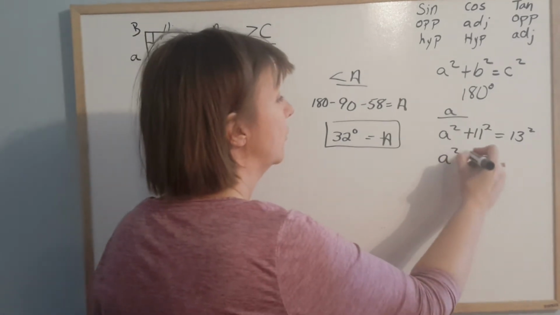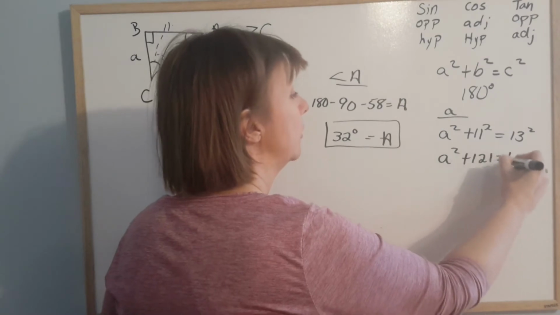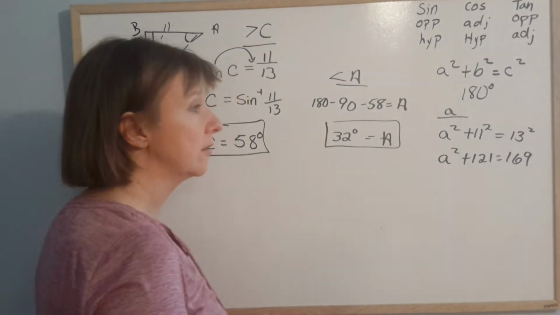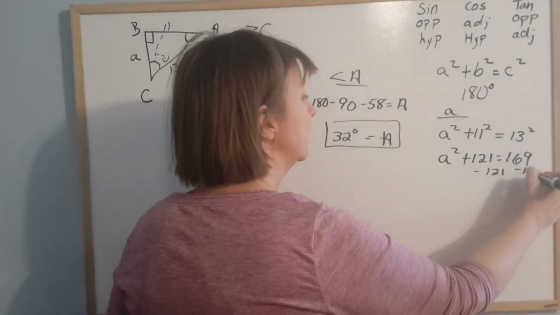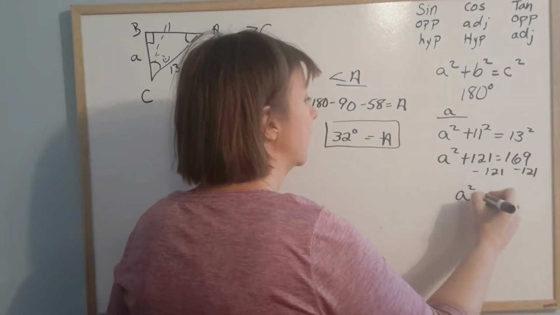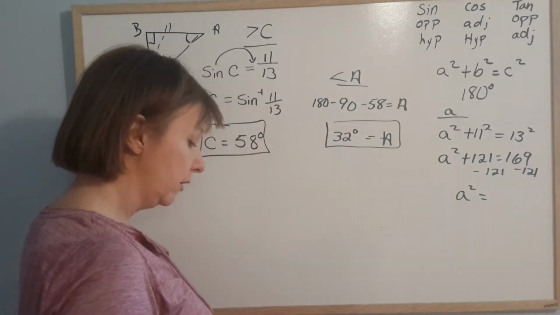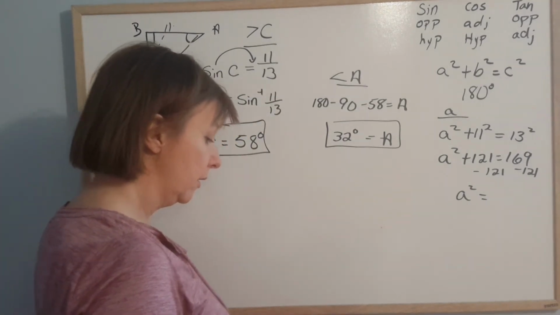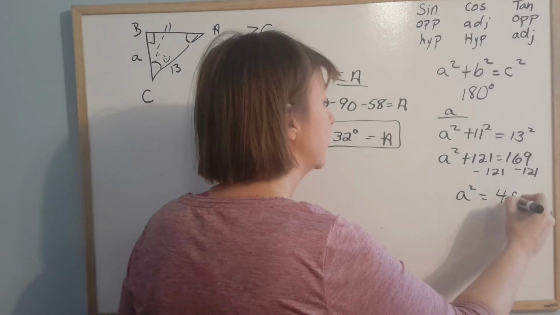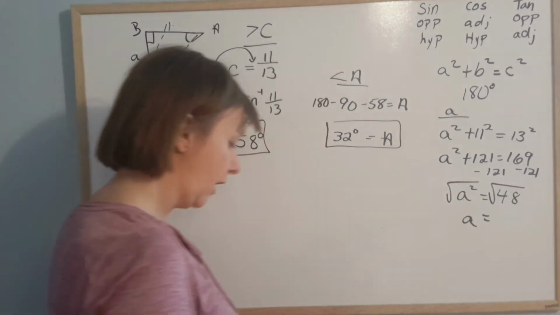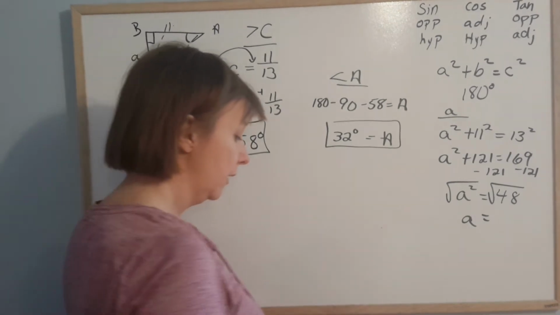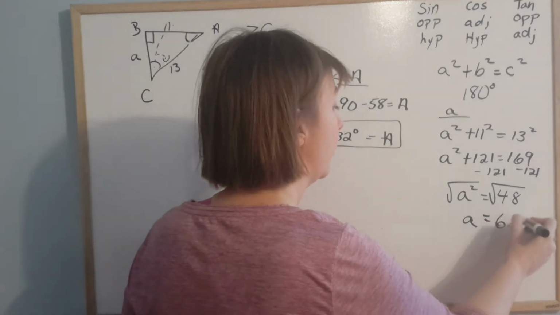So I would have a squared plus 121 is 169. I would subtract 121 on both sides, and I would get that a squared is 48. So I would take the square root of both sides to get just a, and I would get 6.9.